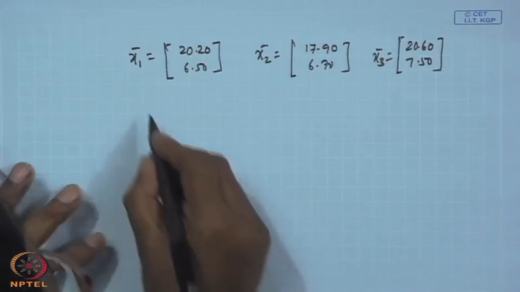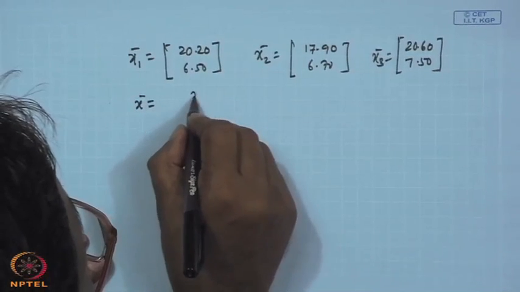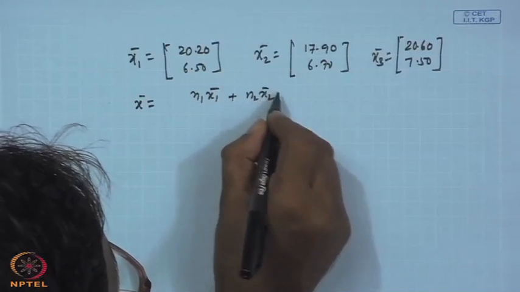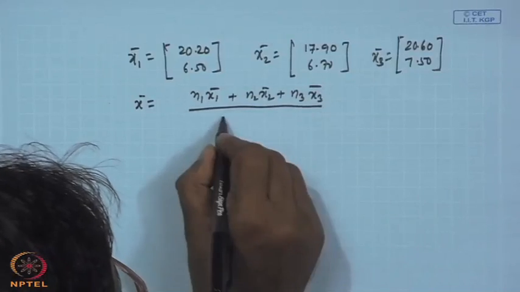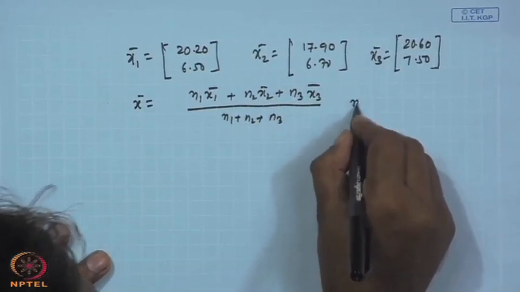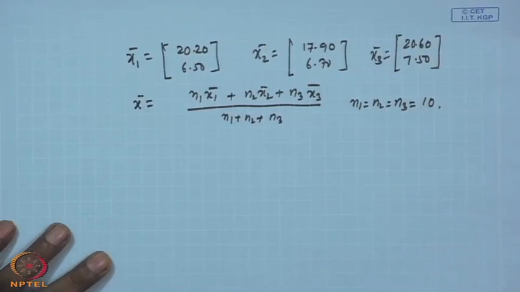Now, what will be x bar? x bar will be (n1 x1 bar plus n2 x2 bar plus n3 x3 bar) divided by (n1 plus n2 plus n3). Now, we have n1 equal to n2 equal to n3 equal to 10.